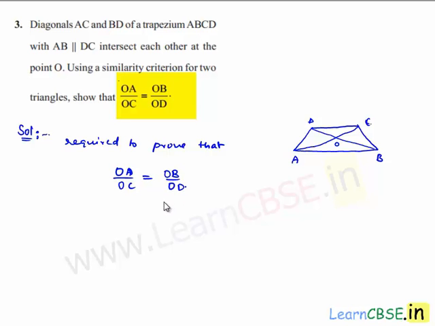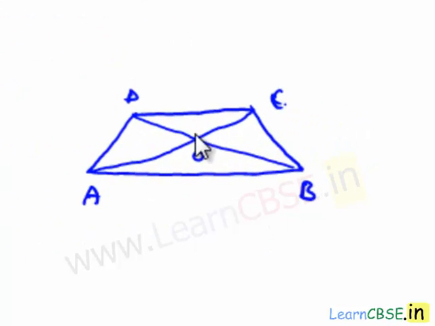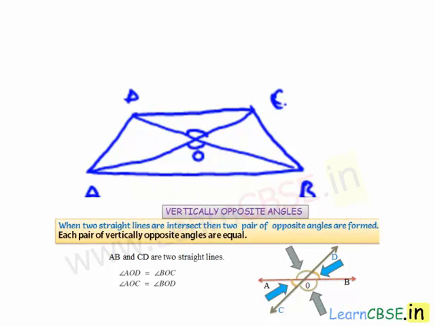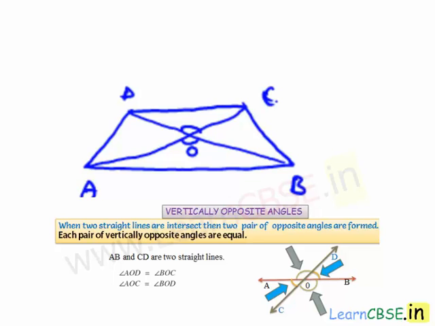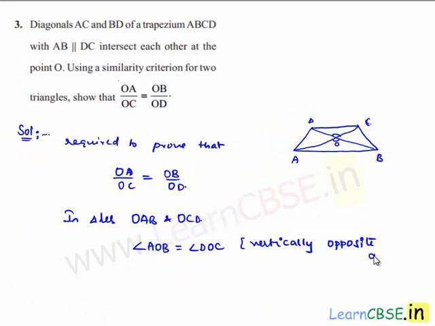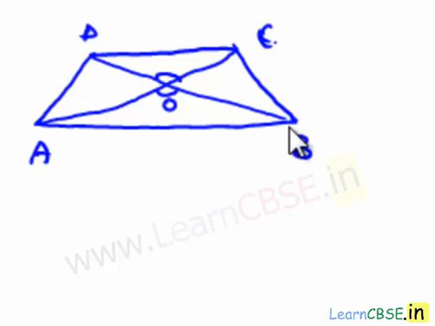Now in order to prove that, let us consider the two triangles OAB and OCD. In these two triangles, angle AOB will be equal to angle DOC since they are vertically opposite angles. Those will be equal about the common intersection point. And also, as AB is parallel to DC, angle C will be equal to angle A.